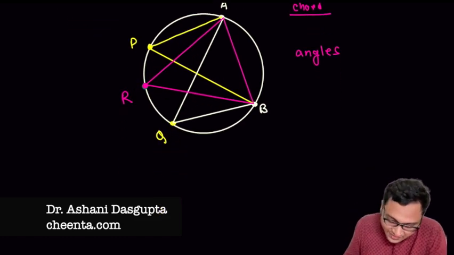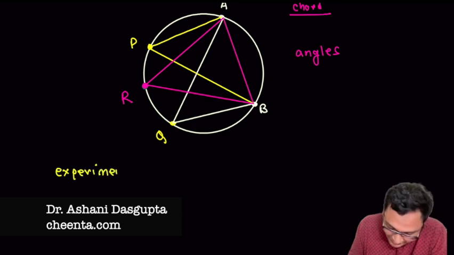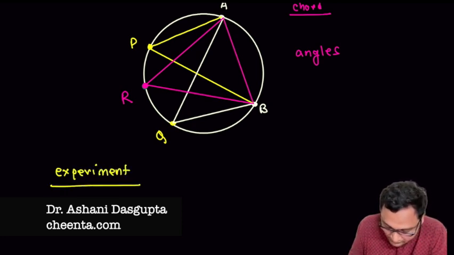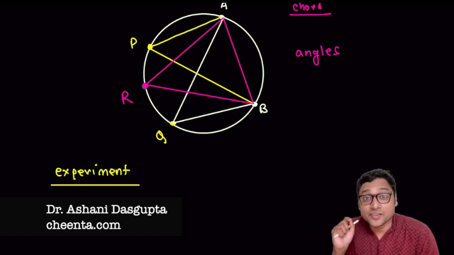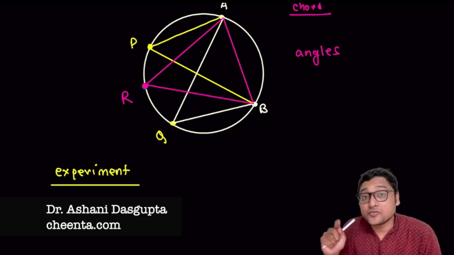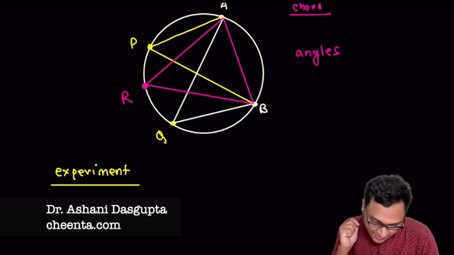Here is an experiment that you can do at your home. An experiment. Remember, we are out there with the mindset of a researcher. We are trying to find patterns. So let's do an experiment here.